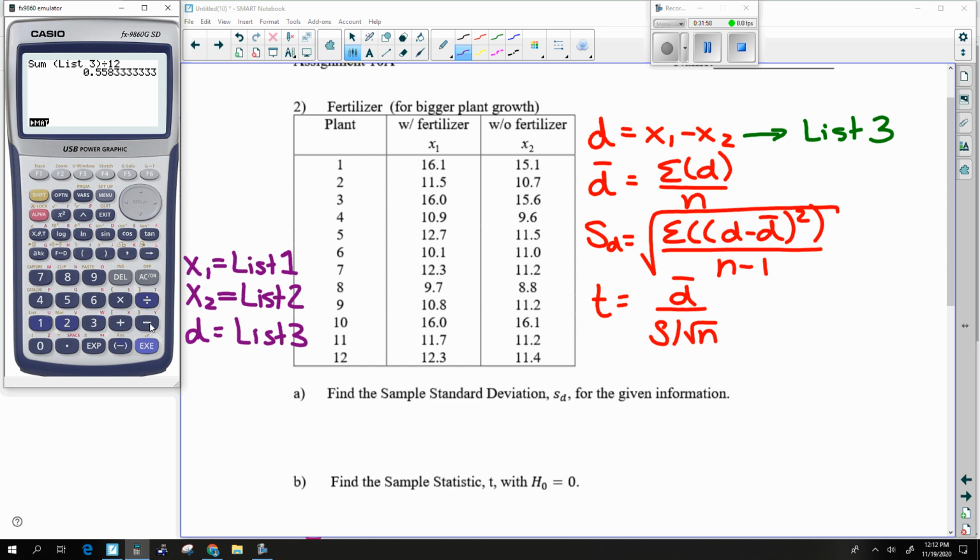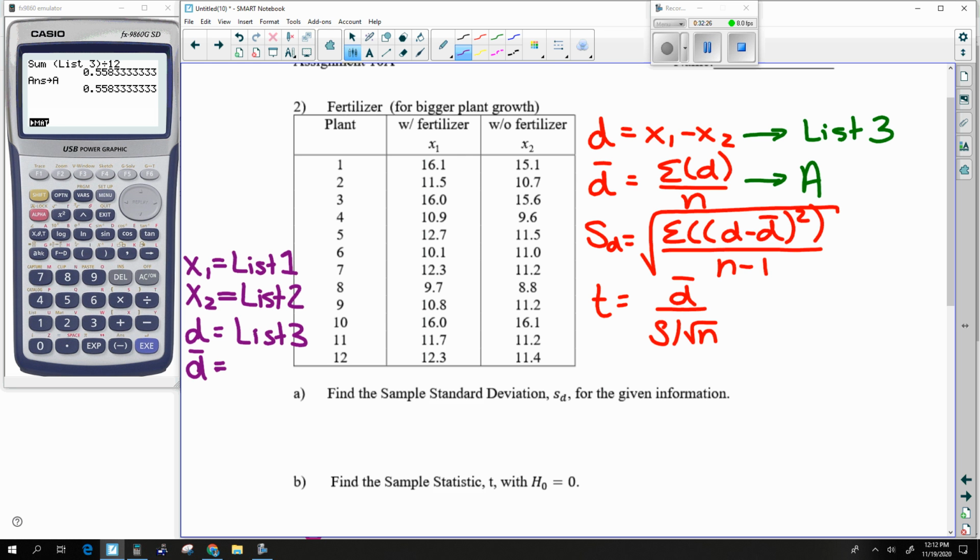Huzzah! There it is. Okay, and that is my average. So I take that answer and I store it as the letter A for average. I try to avoid storing it as the letter D because when I see the letter D, I want to put in the letter D. But D is list 3 and then D bar, and so it's just to alleviate that mess.